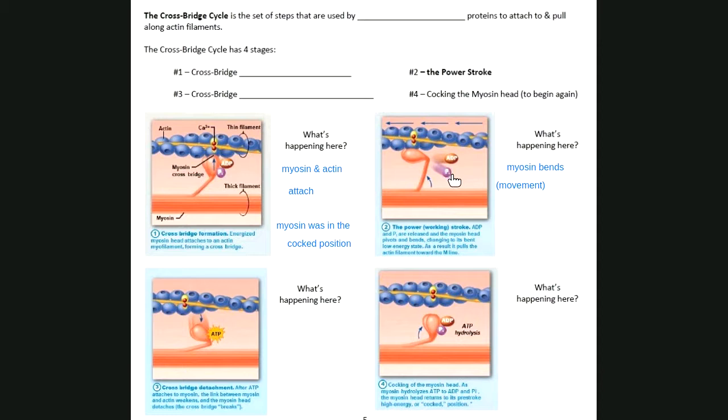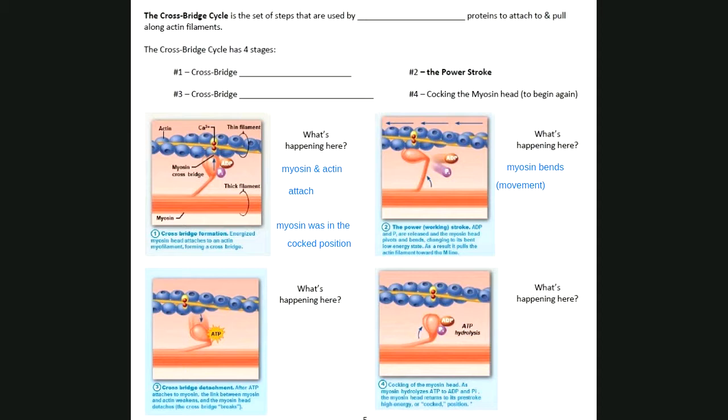When it lets go of those things, it actually changes its shape from standing straight up to being bent over. So during the power stroke, 2 things happen. The first thing that happens is it spits out the ADP and the phosphate. And then the second thing that happens is it bends over, which makes the actin slide with it. So we'll make a note here for ourselves. ADP is released.